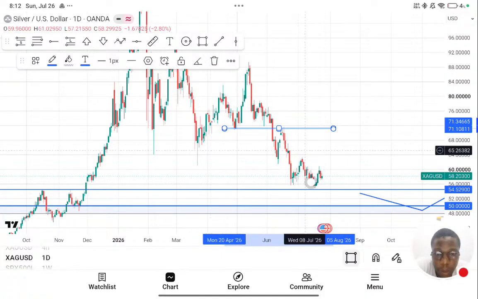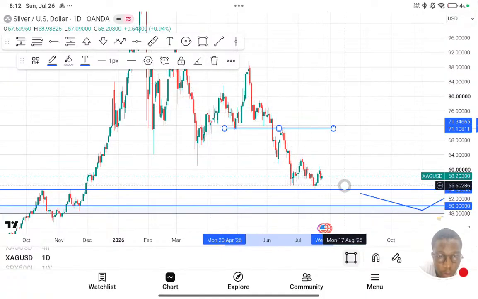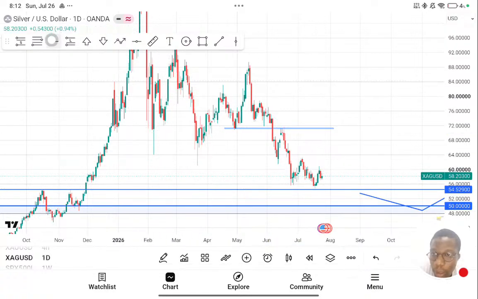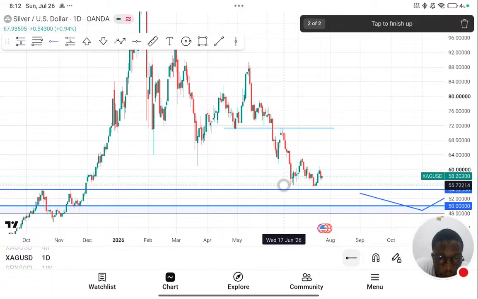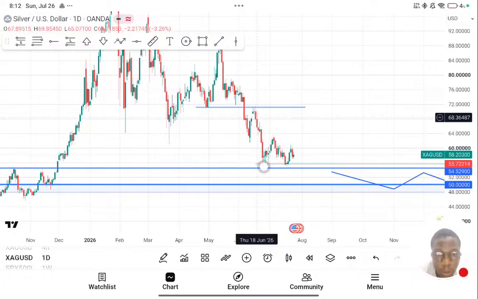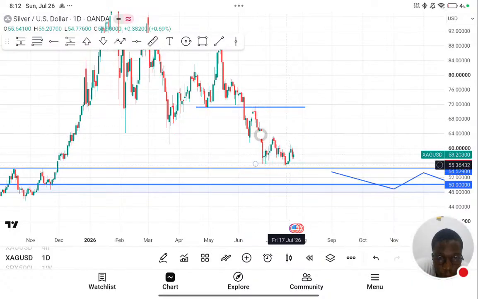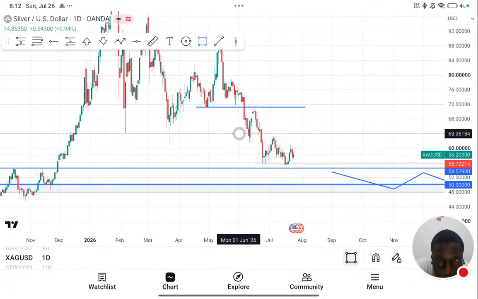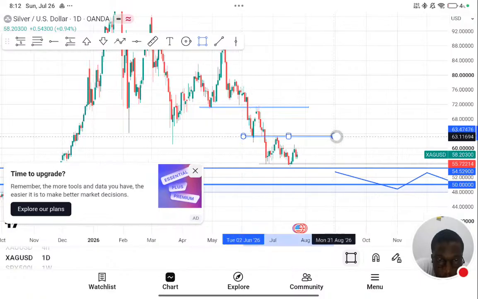It even made a new low here. What do we say? A new low? No, equal low. So this low and this low are the same thing. So if you know your market structure: lower low, lower high, lower low, lower high, equal high. So the contention is here.